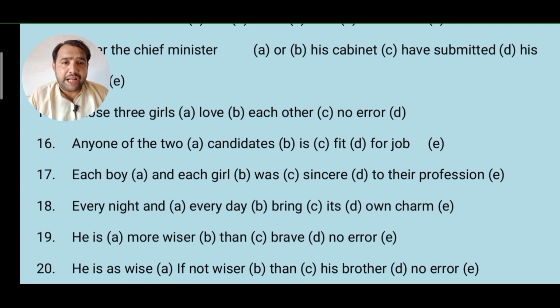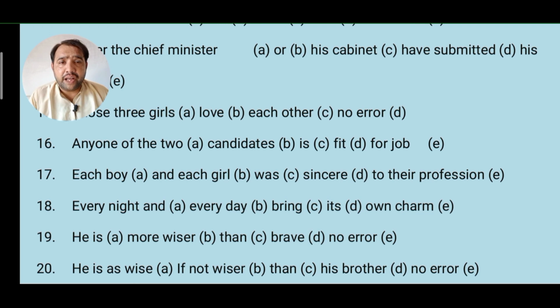Guys, according to number 19, he is more wiser than brave. Here we have compared two qualities of a single person. If we compare two persons, then we need wiser, or more intelligent, more beautiful. But here you will notice that wiser is already in comparative form.